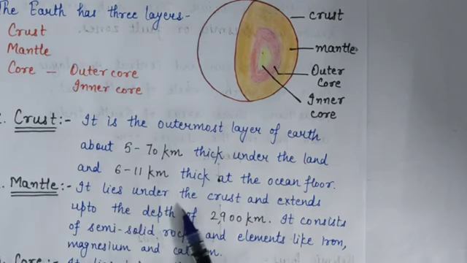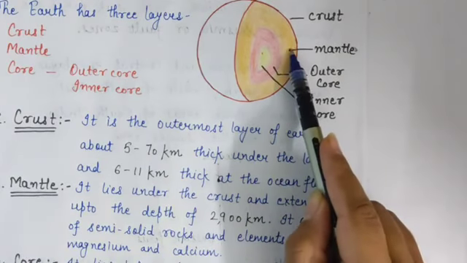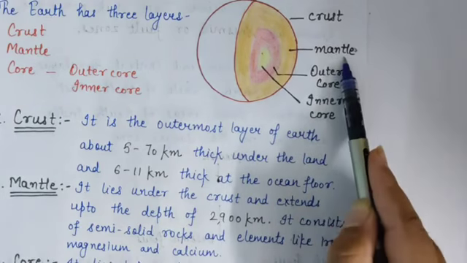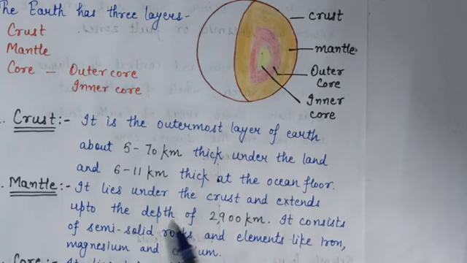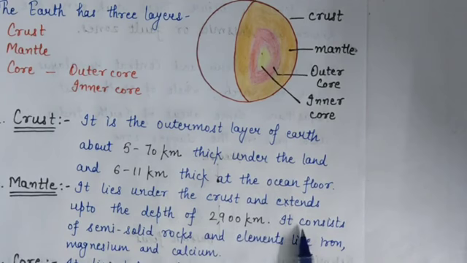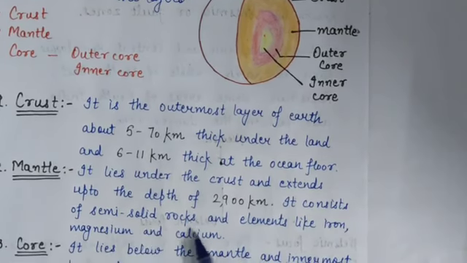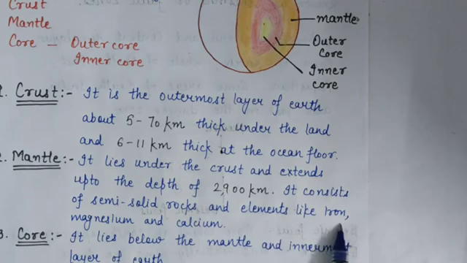It lies under the crust, and it extends up to a depth of 2900 kilometer. It consists of semi-solid rocks, and elements like iron, magnesium and calcium are found in this layer.